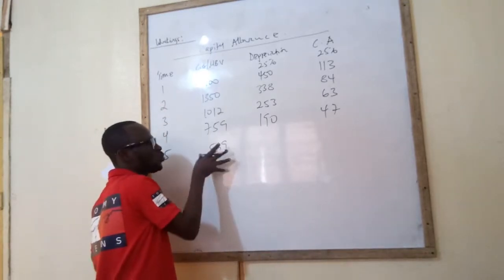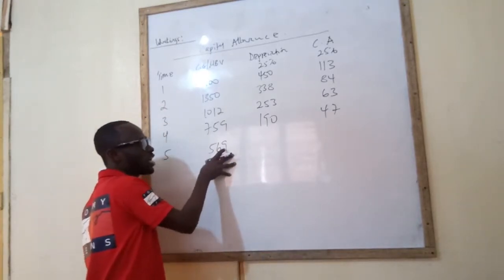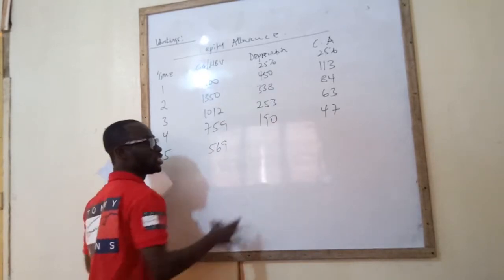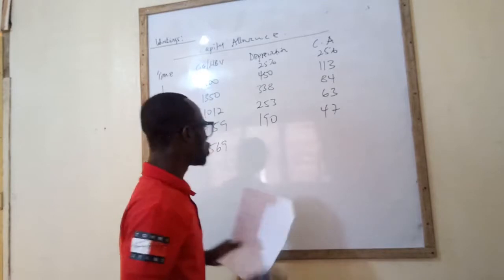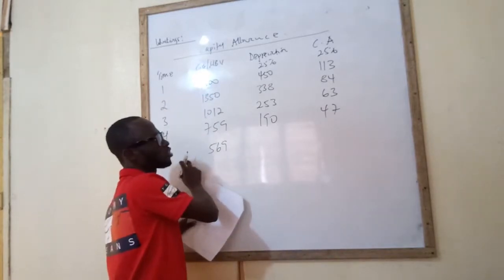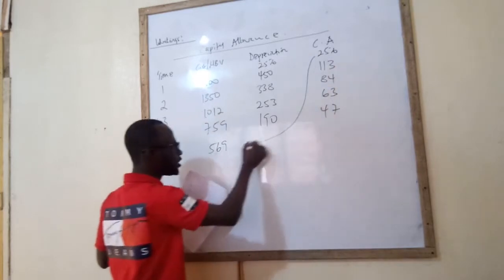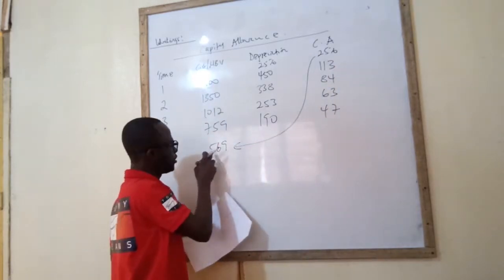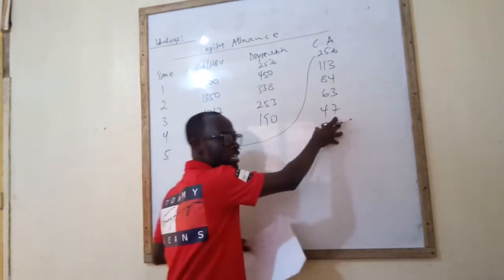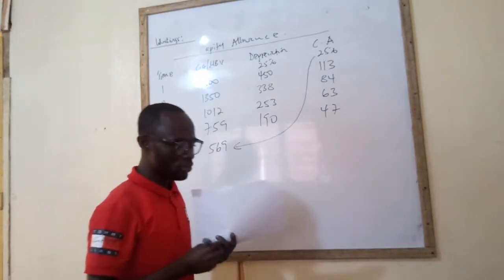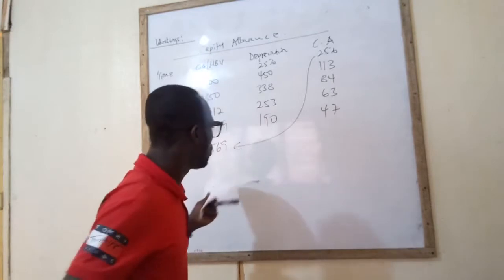In this case, what I try to do is that in year 5, we don't calculate any depreciation. We just deal with the scrap value. So assuming this asset has no scrap value, then in year 5 we will just take 25% on this 569. But this time around, it has a scrap value, so it is not going to go that way.